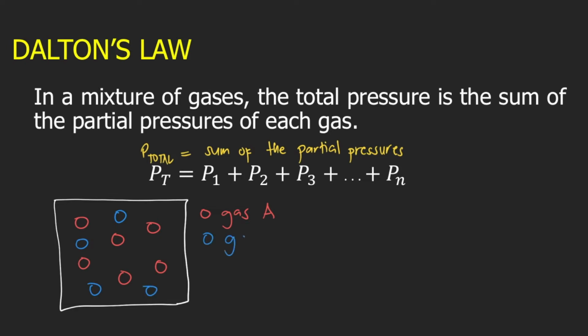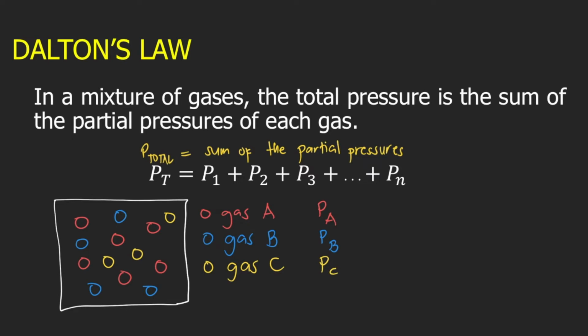This represents gas B. And we have these yellow particles. This represents gas C. Now, gas A exerts a partial pressure. So, partial pressure of A. Gas B also exerts a partial pressure. So, partial pressure of B. Gas C also exerts a partial pressure. So, that's P subscript C.